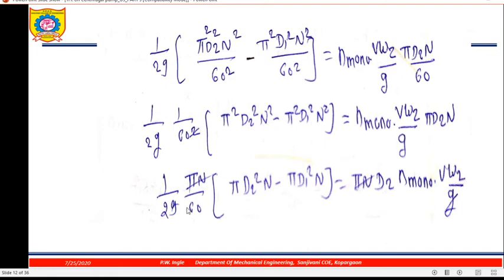Taking pi N common, this 60 and this square will be cancelled out. So getting 1 by 2g pi N by 60 into (pi D2 square N minus pi D1 square N) equals manometric efficiency pi D2 N VW2 by g.